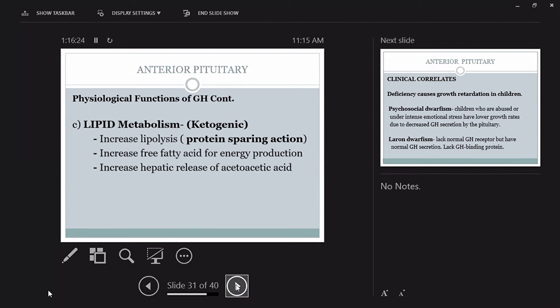Increases hepatic release of acetoacetic acid. Okay, so growth hormone uses free fatty acid instead of glucose.